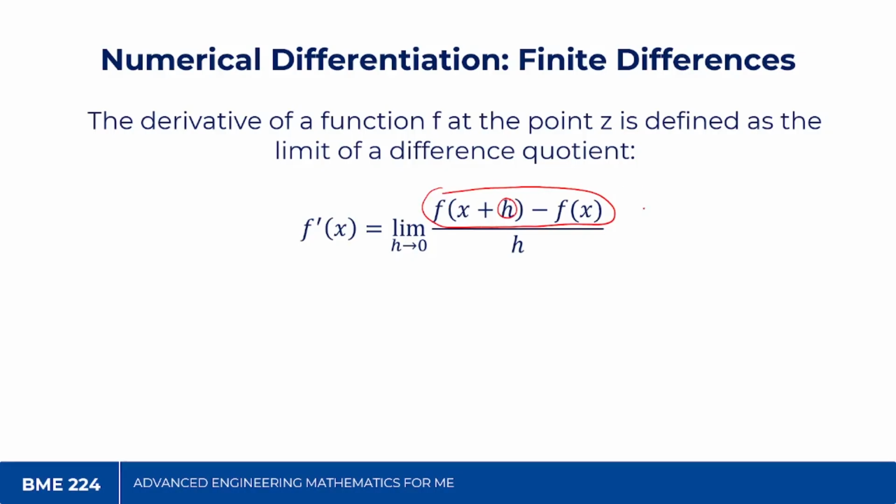In our discussion, we will be using h instead of what we learned in diff calc, which is delta x. That is f of x, here delta x. In my discussion we will be expressing delta x as h.